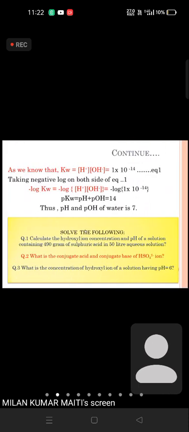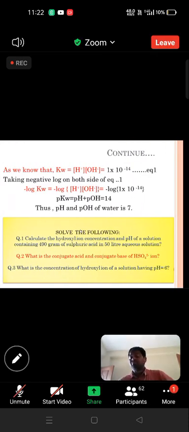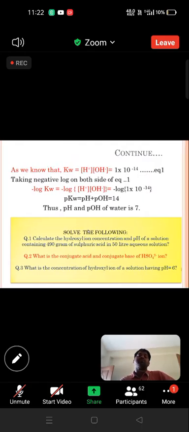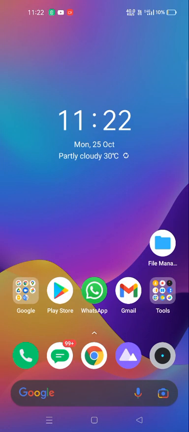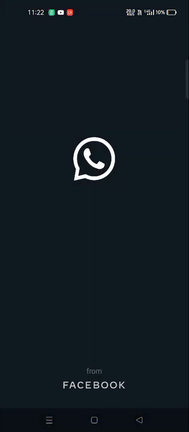That means molarity of the solution will be 5 by 50. Am I right?